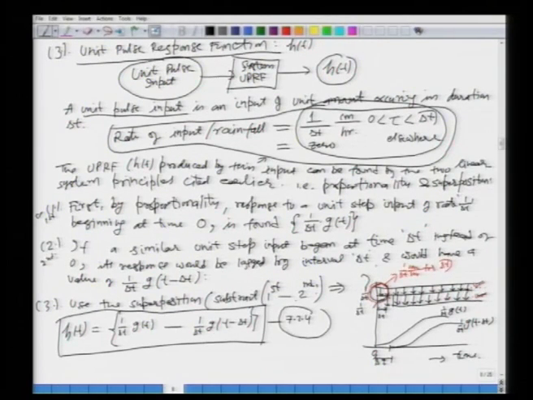Moving on, you can define your h of t as 1 by delta t outside, and then you have g t minus g t minus delta t. This you can represent in terms of u.